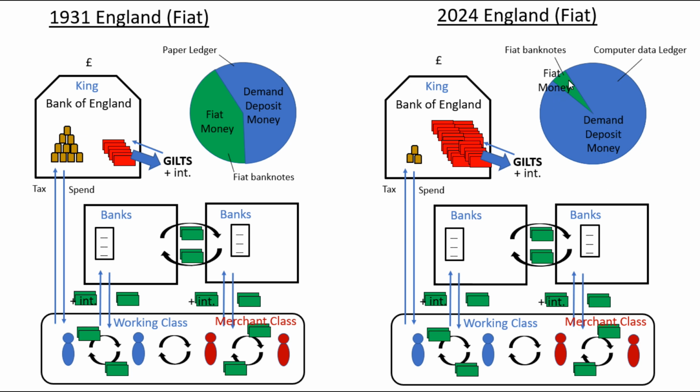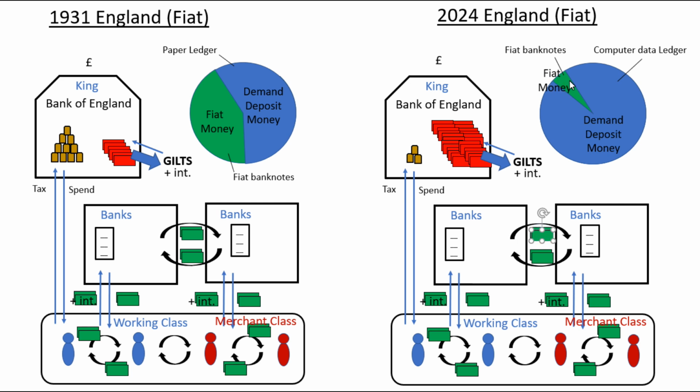And what's happened is fiat money is now a tiny sliver of the total money supply. Most of the money supply exists in terms of debt and in the form of demand deposit money. In other words, debt stored on the bankers' ledgers. And now, of course, this money is stored on computer databases. And in fact, most of everyone's transactions now aren't even with cash.